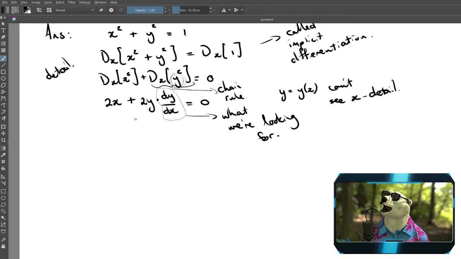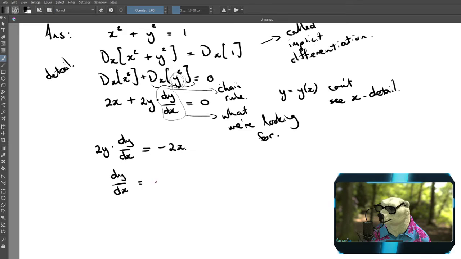So then all I need to do is isolate this dy dx because that's the one I'm looking for. So let me not skip any detail. I move the 2x to the other side, and then I divide both sides by 2y to get negative x over y.